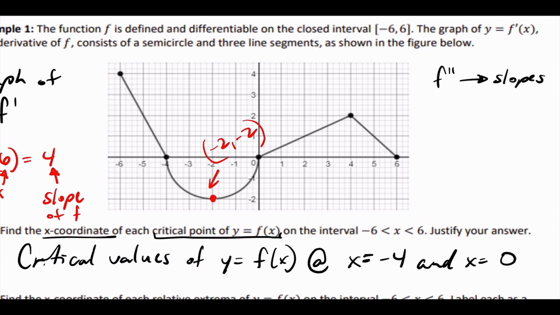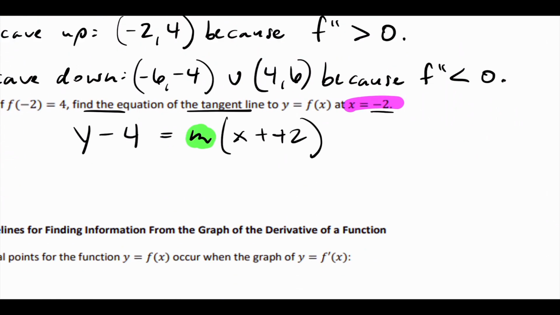The slopes of f. So what does y represent? The slope at negative 2, right? The slope at negative 2 happens to be negative 2. It's just a coincidence. That's our slope. So we go down here and we change this to negative 2.